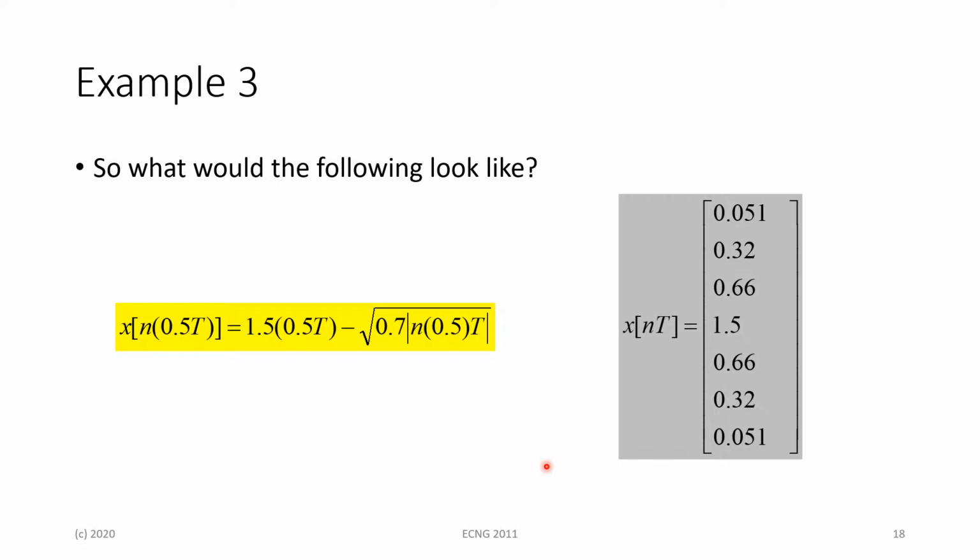So modulus of n was on the right hand side alone. We didn't have any t value. But in this example, we have n here, but we also have t. So depending on how t is affected on the right hand side here, this also affects the amplitude or the magnitude of the entire x of nt signal accordingly.